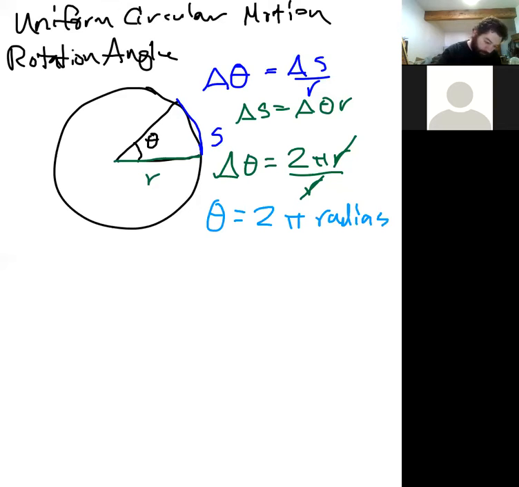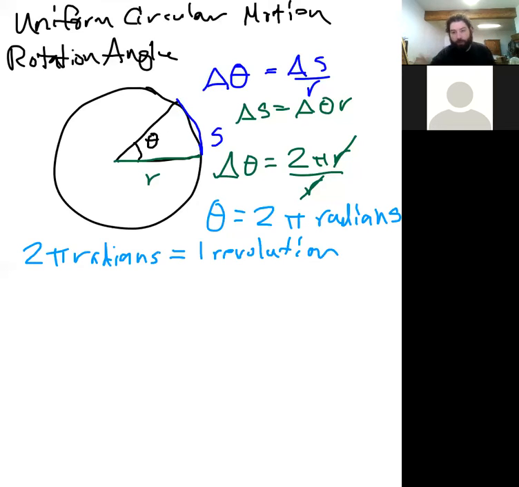Oh, I forgot the r in there. Radians. And this is going to be real important for your problems. I think you probably remember this from geometry. That's important to remember. So 2 pi radians, and it's just a unit, is going to equal 1 revolution.